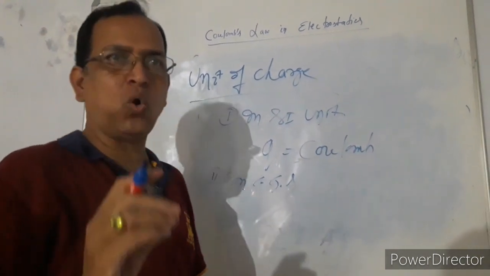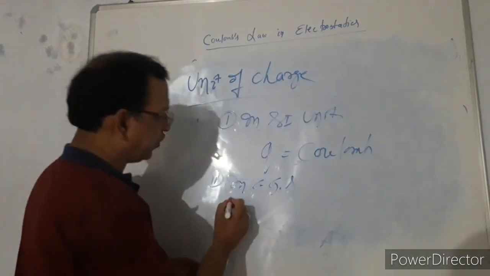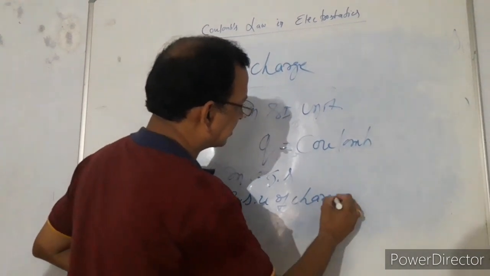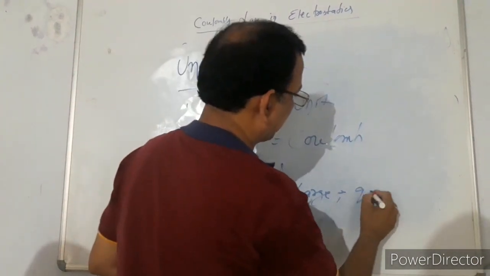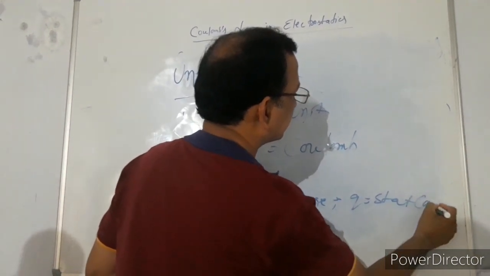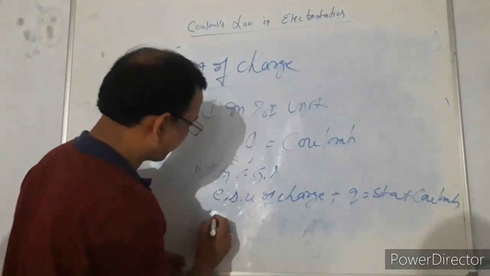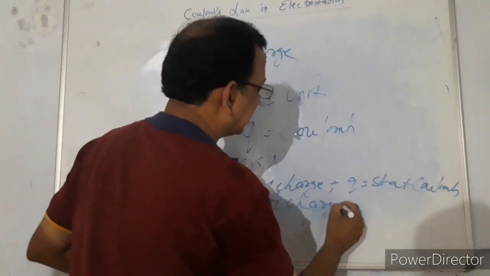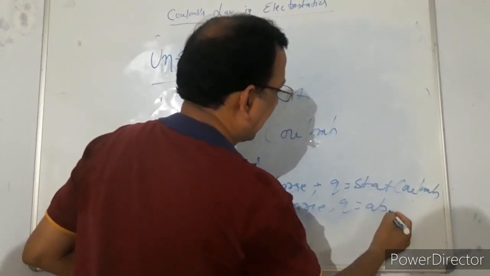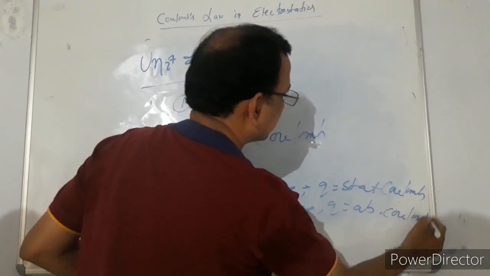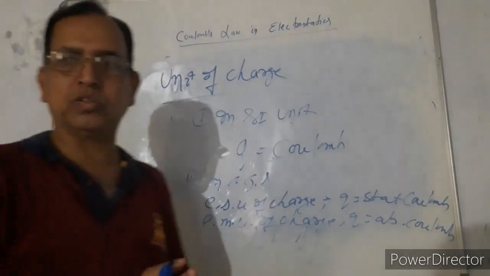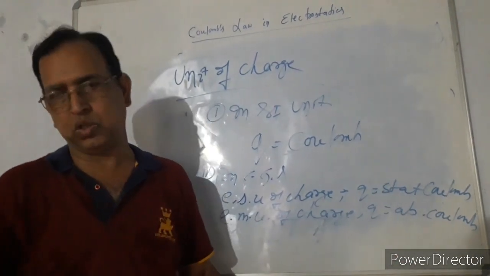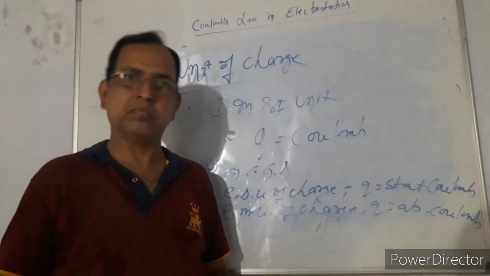ESU means electrostatic unit. So the ESU of charge is the stat coulomb. EMU, electromagnetic unit of charge, is the ab coulomb. So your charge is in coulomb, stat coulomb and ab coulomb. That's all.